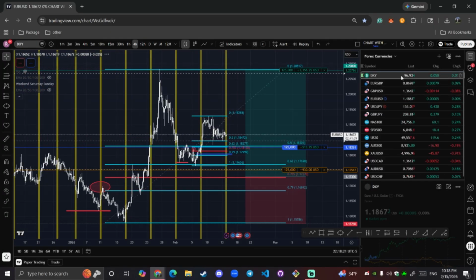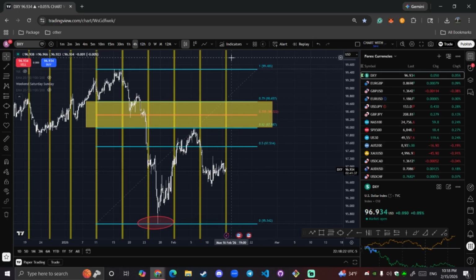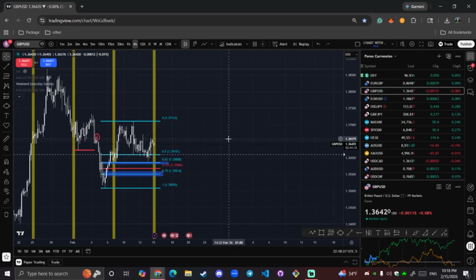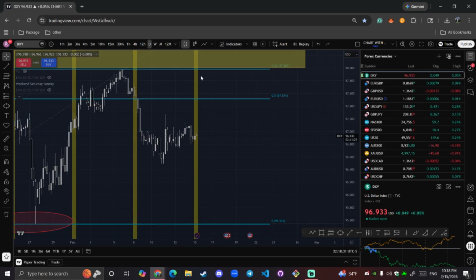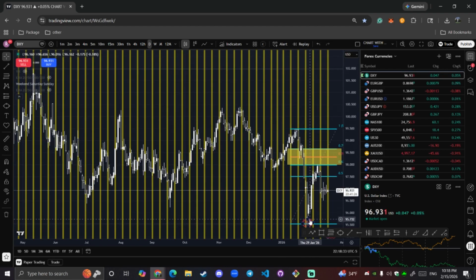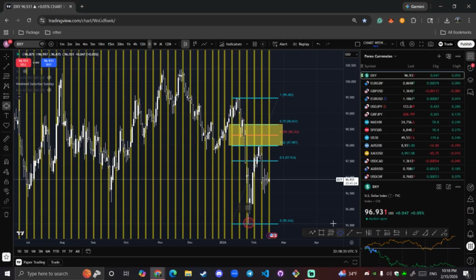The main reason I believe Euro USD is bullish is because I believe the dollar is bearish. I believe it's going to go to the downside and take out this low. The only reason it could go bullish, in my opinion, is if it took out this high.